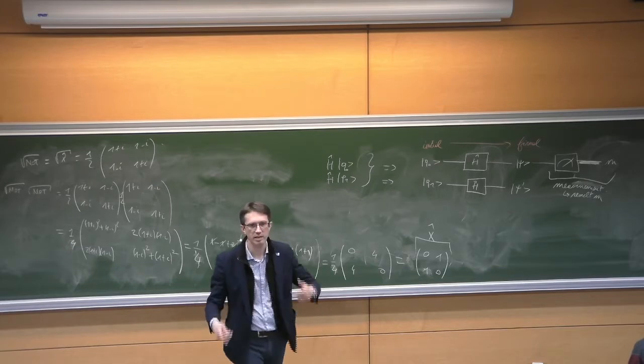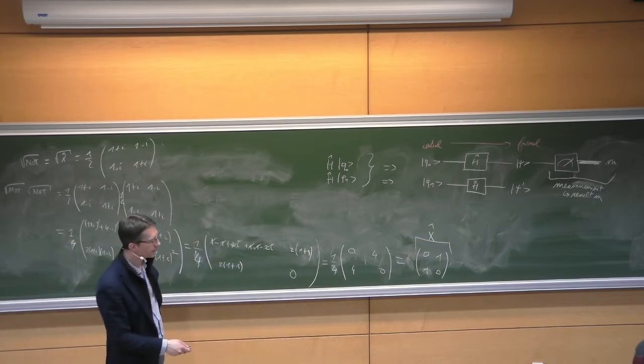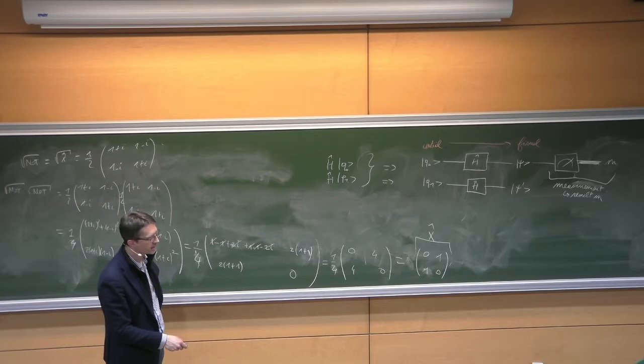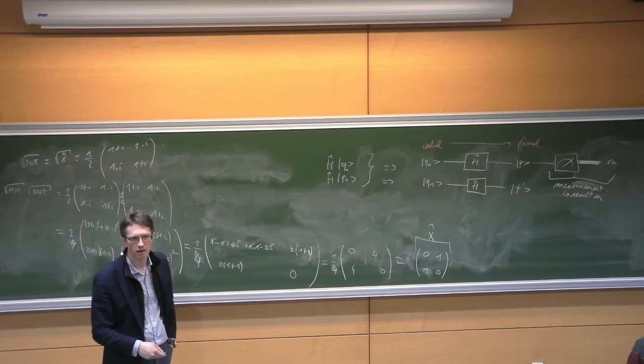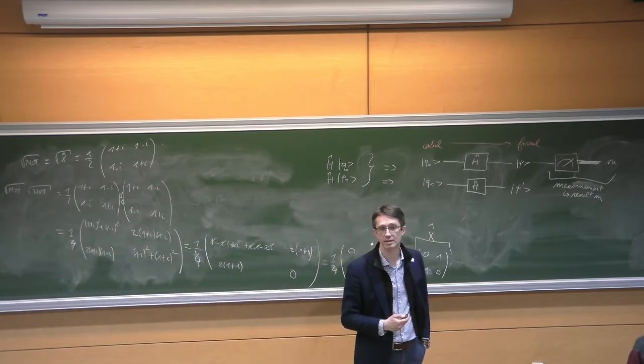So again, the square root means that if we apply it twice, we obtain z. And if we have pi over 4, we have the T gate, which is the square root of S, the fourth root of z. So if we apply the T gate 4 times, T to the power of 4, we end up with the Z gate. Okay?